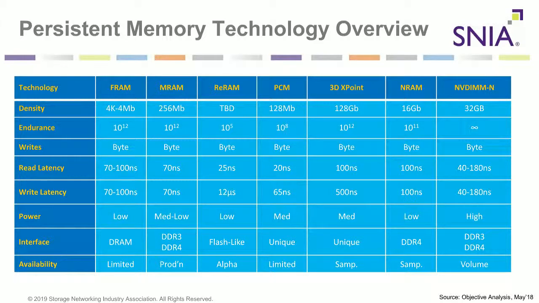So you can see the latencies are so low, meaning you're getting the best latency of any of the persistent memory products that's available in the market today. But the capacity on this is fairly good. The highest capacity of NVDIMM-N that's available is 32 gig today.